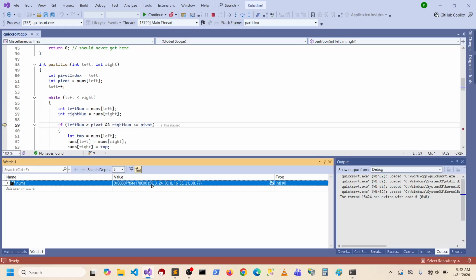So, right's 38. Left is 21. So we're right next to each other now. The pivot is 56. Okay.